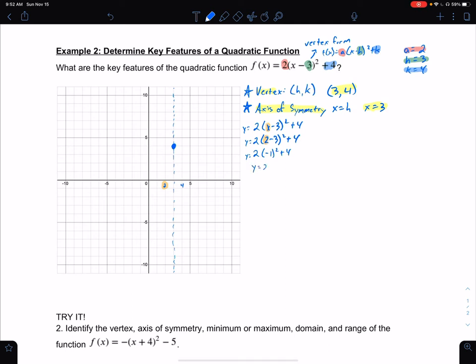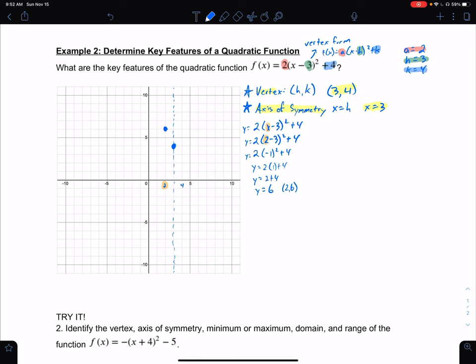So y is equal to 2 times 1 plus 4. So y is equal to 2 plus 4, and y would be equal to 6. So what that tells me is that when x is 2, y is 6. So I have the point 2, 6 on my graph. So I'm going to plot that there.